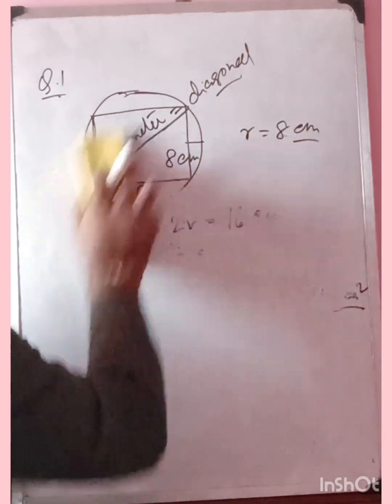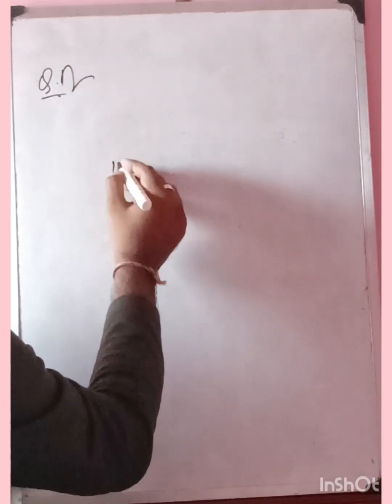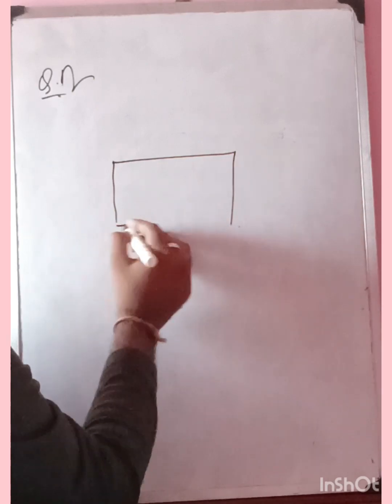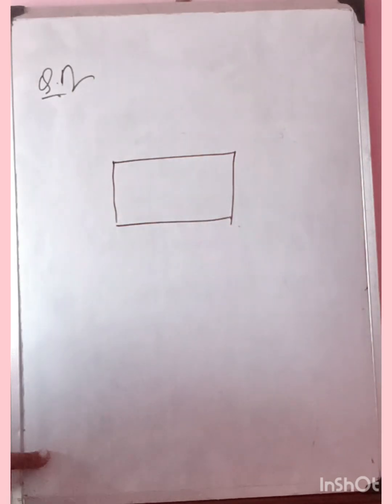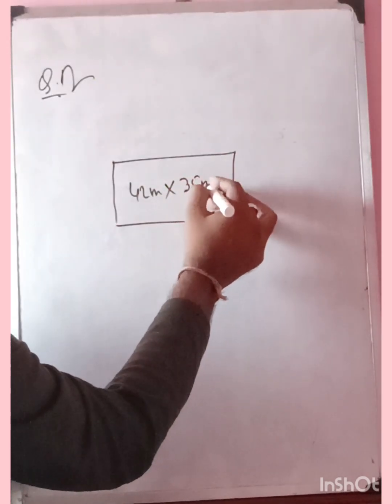Moving on to next problem. Question number 2. What is given? A rectangular field 42 meter into 35 meter.